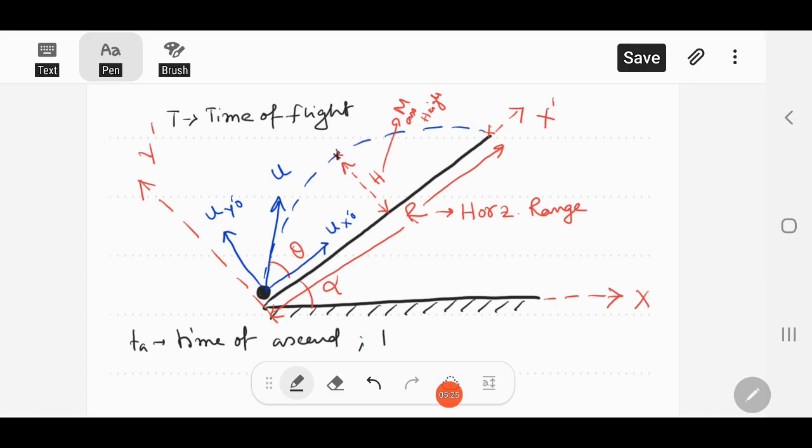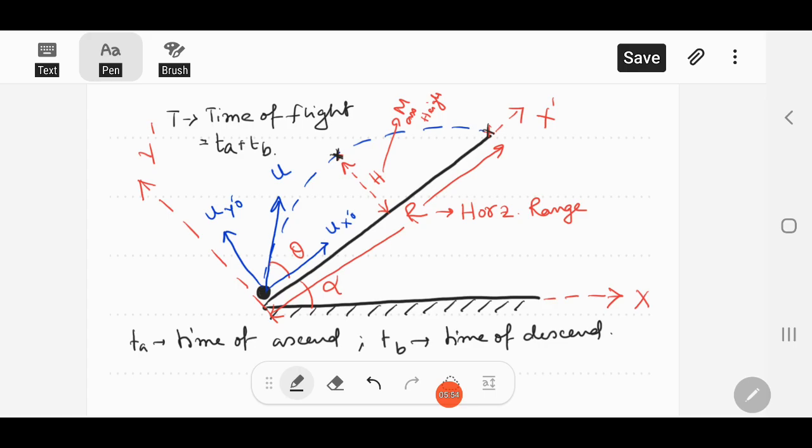If the particle takes a time tb to start from this maximum point and end here, that is our tb or time of descent. So as we can see, the total time of flight T is nothing but ta plus tb.